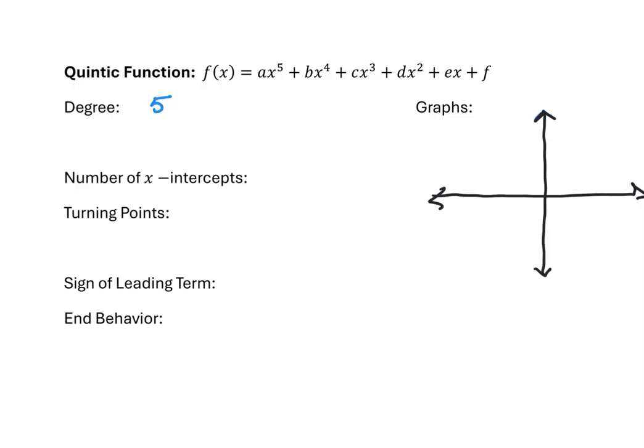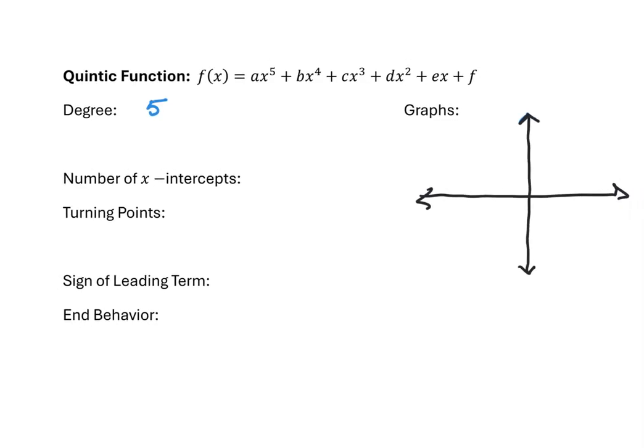Okay, now this is going to be the last one that we're going to look at because we're going to see that this one, there's so many possibilities. All right, so let's go ahead and look at some examples of graphs of quintics and see what we can determine about x-intercepts and turning points.